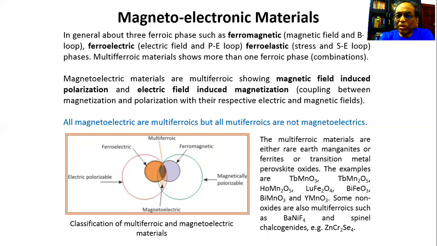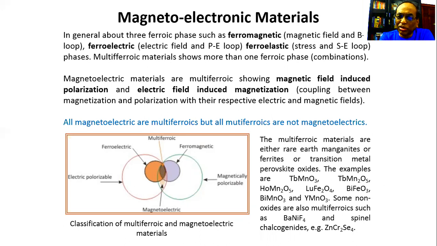The multiferroic materials are either rare earth manganites or ferrites or transition metal perovskite oxides. The examples are several, many compounds are there. Mostly rare earth elements are used here in conjunction with oxygen, so those are mostly oxides.